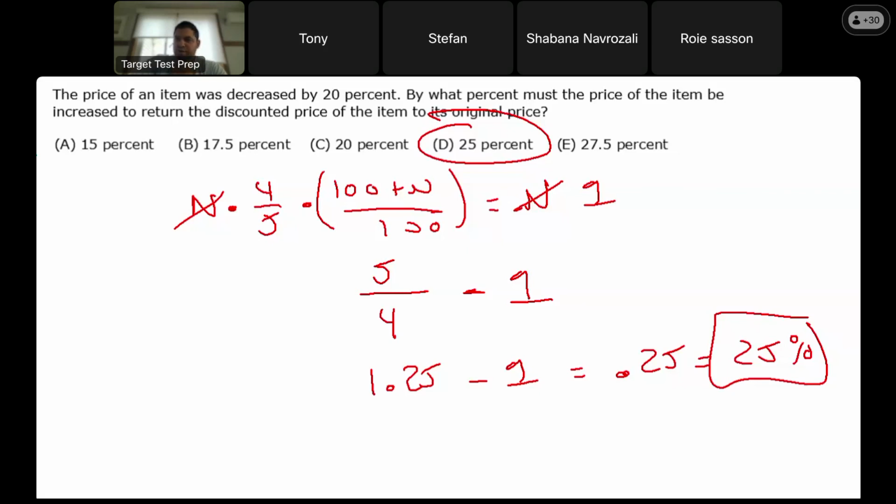I'm not sure I understand your question about the DI. Oh, how many percent questions there are? No one's going to know that because GMAT always changes it up. They're not that predictable. And that's how it's always been.